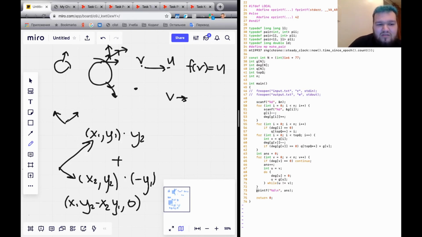How do we do this? Well, we can just ignore x coordinates, and then we just want to find the linear combination with integer coefficients of y coordinates of our moves, such that we will get something positive and as small as possible.